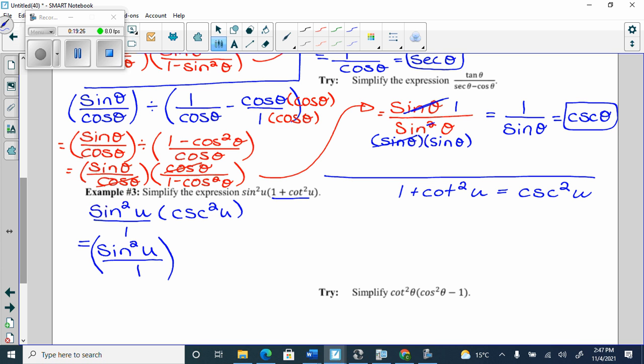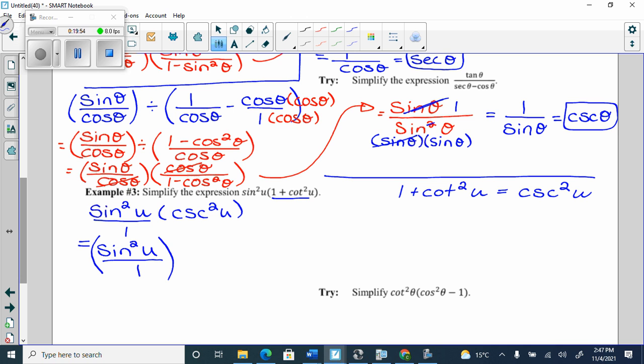So this is something to note. At the top of your formula sheet, you have single ones. So at the top of your formula sheet, you have tan theta equals sine theta over cos theta. Well, you could take tan squared theta and replace it with sine squared over cos squared. So these ones at the top can actually be replaced with squared ones as well. So for example, I can replace cosecant u with 1 over sine.